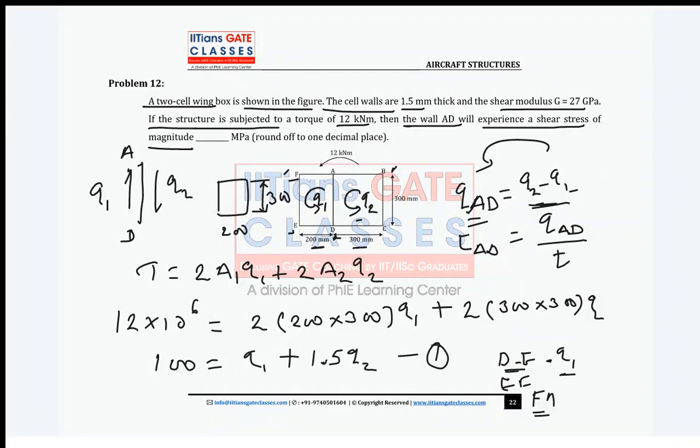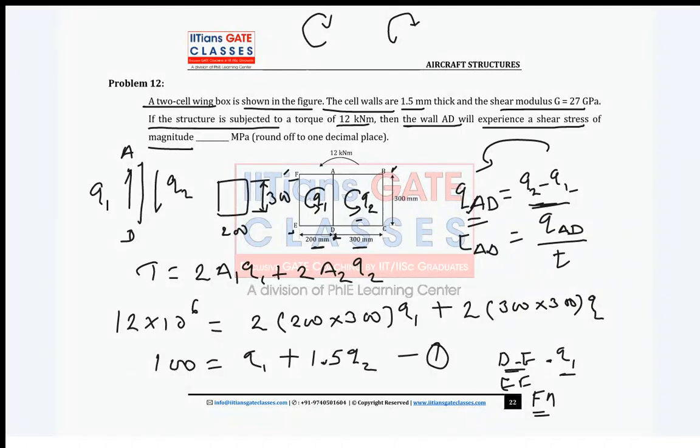See what I mean? I have gone in the opposite direction, right? D to E, then F to A, so I am considering my theta clockwise. So in the same way, theta 2 should also be clockwise. So you have to go in the same way. That's why I started A to B. Now B to C, what is your shear flow?